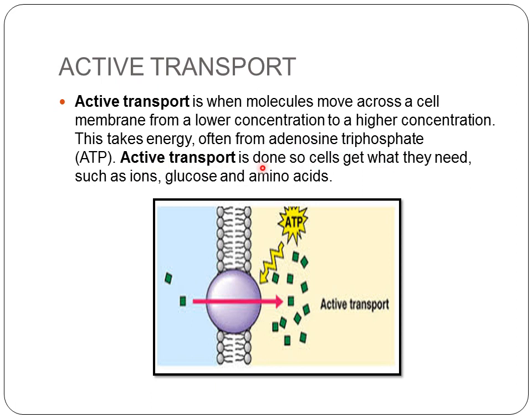Active transport is done so that cells get what they need, such as ions, glucose as well as amino acids. Here we can see a picture showing a cell membrane with a protein carrier, which will help in the transportation of ions from a region of lower concentration to higher concentration.